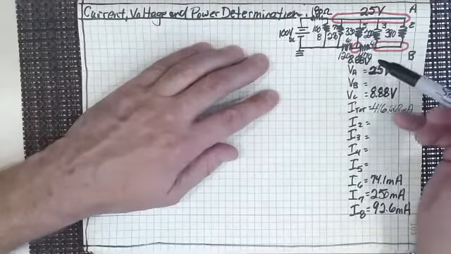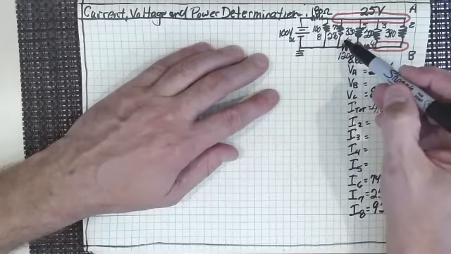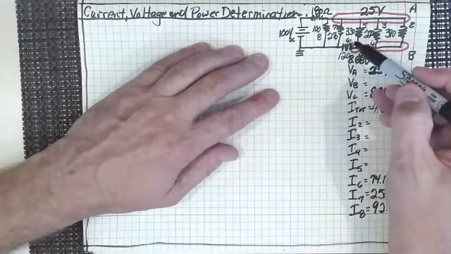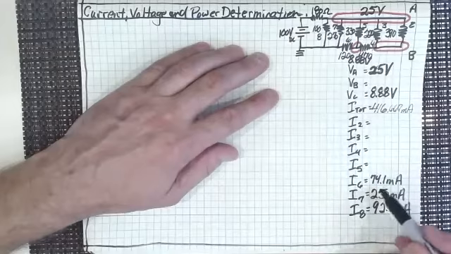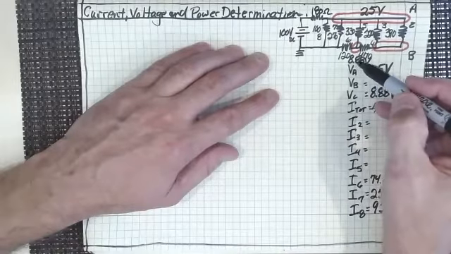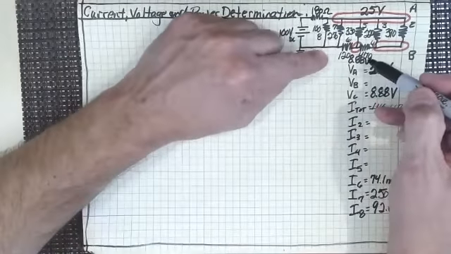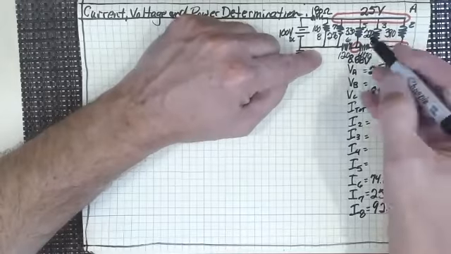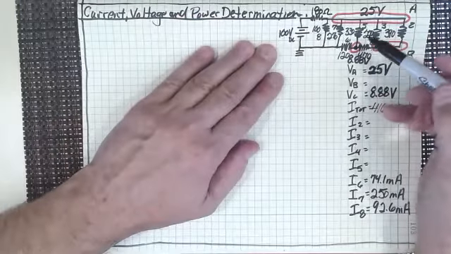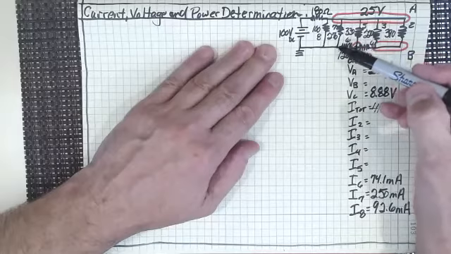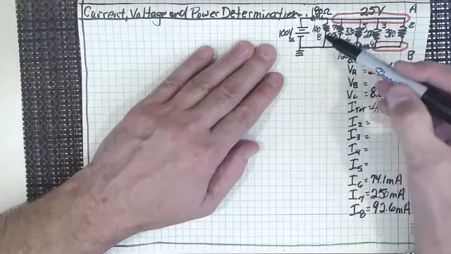If we look at this, we know now what the current is flowing through the 120 ohm resistor. And that brought us here to the 8.8 volts that we have right at point C. And you can see now we've got the current that's flowing through here.